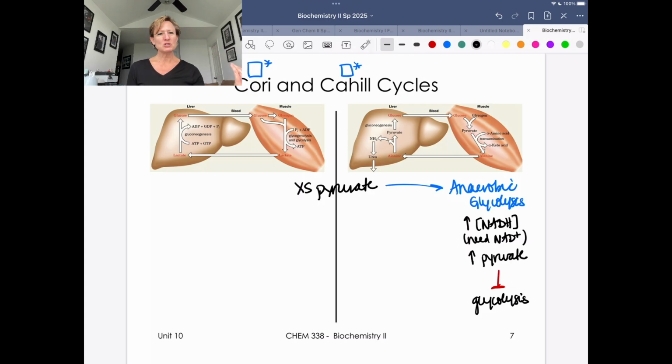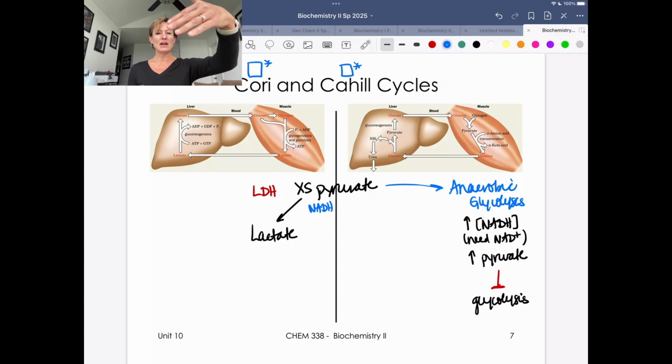So let's talk first about the Cori cycle. I want you to remember that the Cori cycle deals with the accumulation of excess pyruvate by converting it into lactate. The enzyme for that is lactate dehydrogenase. Importantly, one of the metabolites that it regenerates is NAD+.